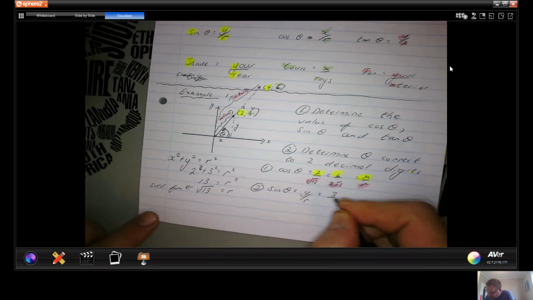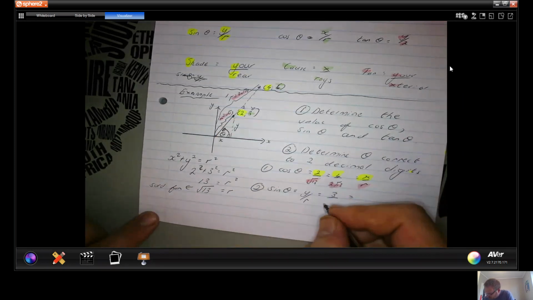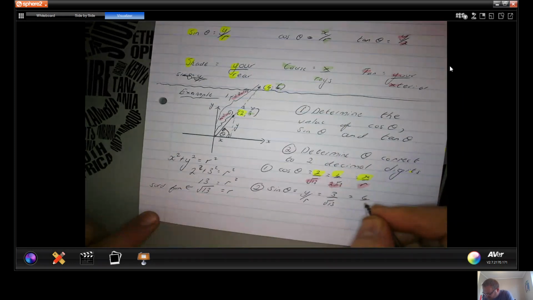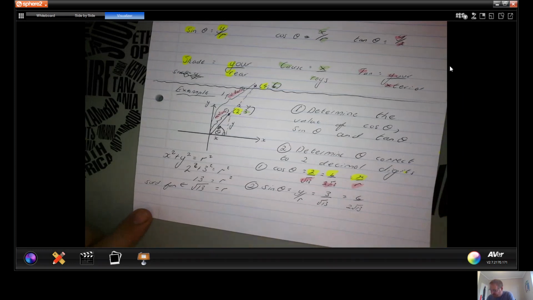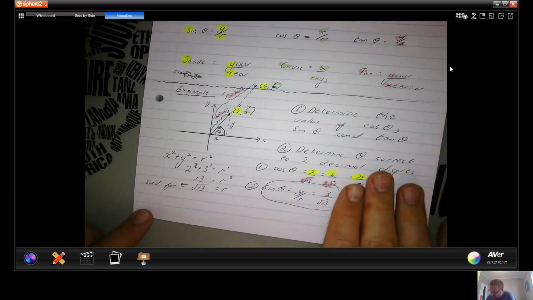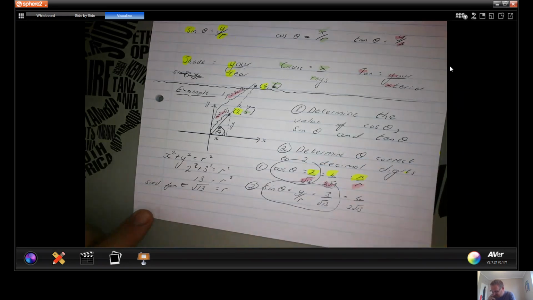I could use 3, and if I use 3 over here, the radius is root 13, and if I use 6 over there, the radius is 2 root 13. That will simplify to 3 over root 13. You only have to write one down, the simplified version. So sine theta is equal to 3 over root 13, and cos theta is equal to 2 over root 13.